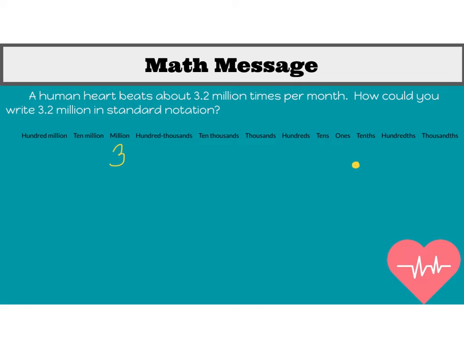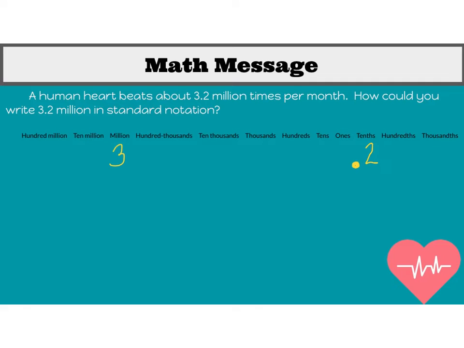If I use my place value chart, I'm going to find the millions place, which is here, and I'm going to place a 3. Now, we go back here, it's a decimal point and then 2/10 of a million. So we're going to come all the way down here. Here is my tenths place. So that means that 2 is going to be all the way down here.